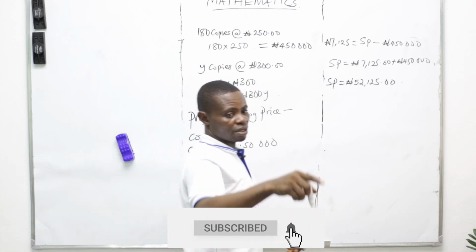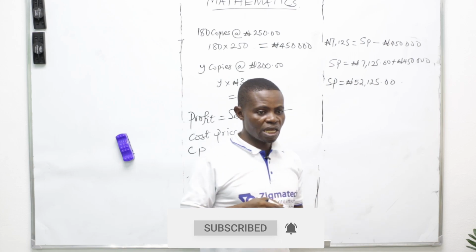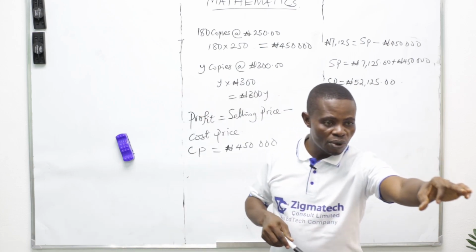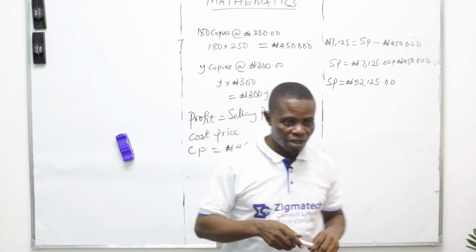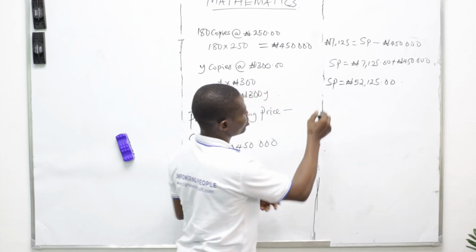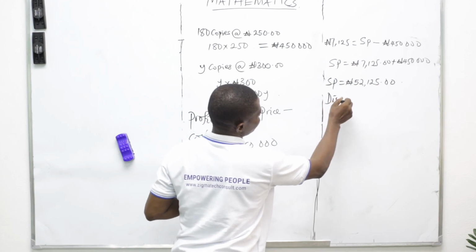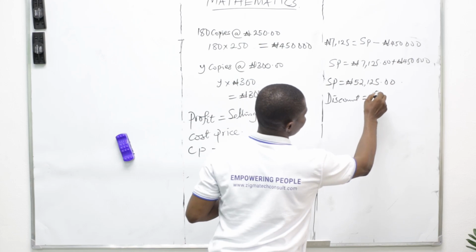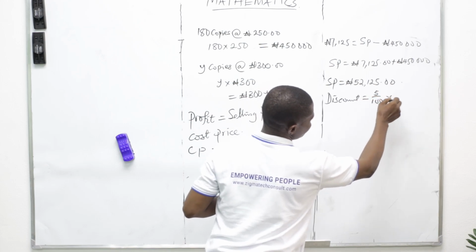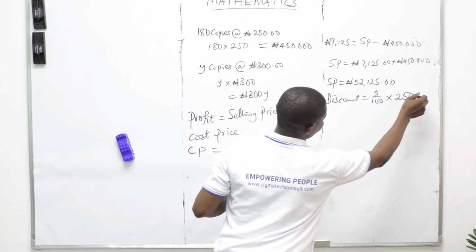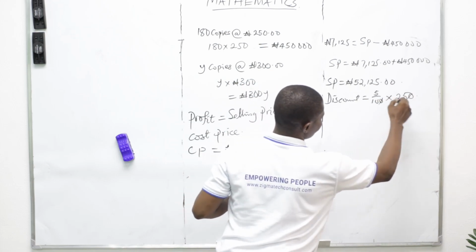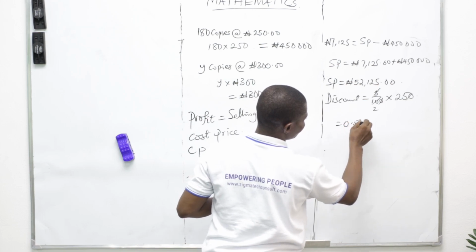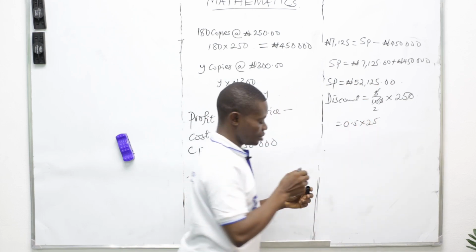Remember, something was said, 50 kobo in the naira. A book at this each. Then discount. You talk of discount now. Discount equals 50 kobo, that is 50 all over 100 times 250. That is 0.5 times this.